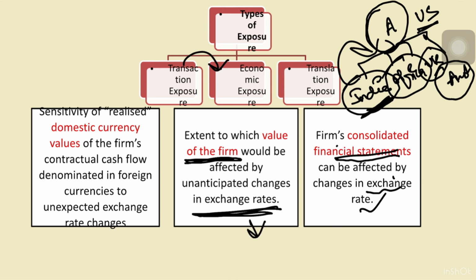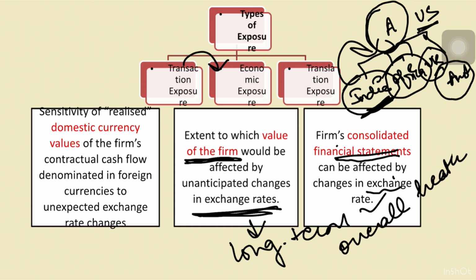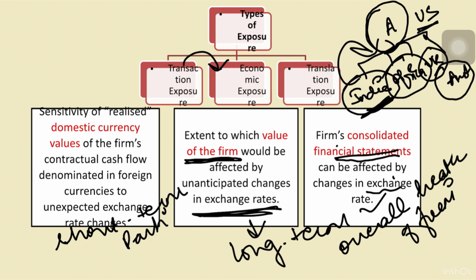Economic exposure is long term because it affects the overall health of the firm, whereas transaction exposure is short term and related to a particular transaction only.